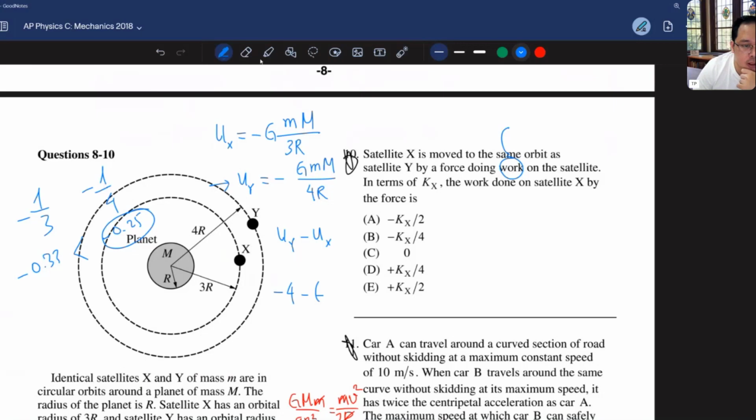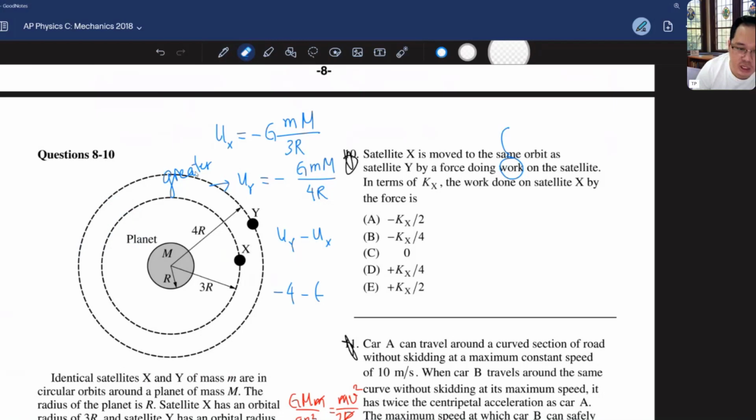So we have to provide the energy for the satellite to increase the potential energy, and also we have to change the kinetic energy as well. So that work is equal to the change in both kinetic and potential energy, which is mechanical energy: Ky minus Kx, and then plus Uy minus Ux. Okay, this is the answer.